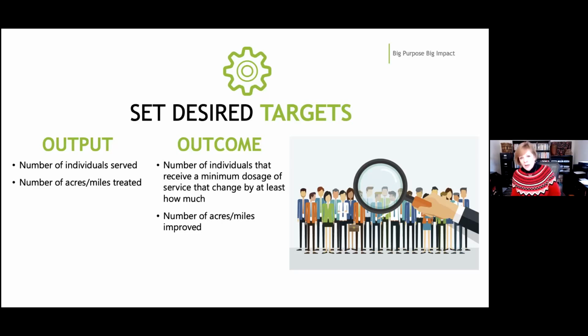Then the outcome, you have to think about, of everybody that gets served, who are you going to measure outcomes on? So one of the things that I always talk with programs about is, okay, so say it's a middle school math and English tutoring program.